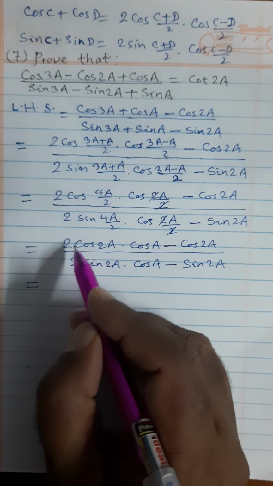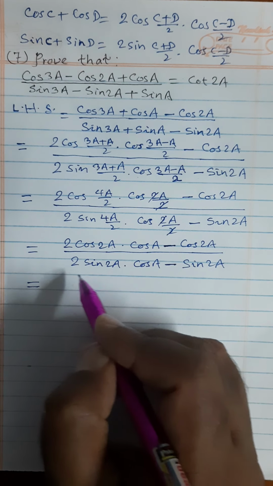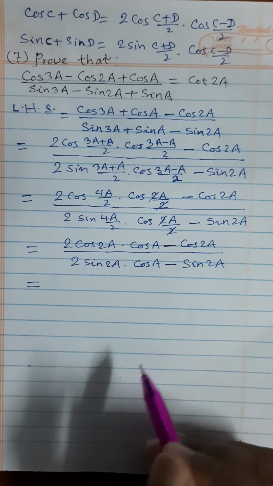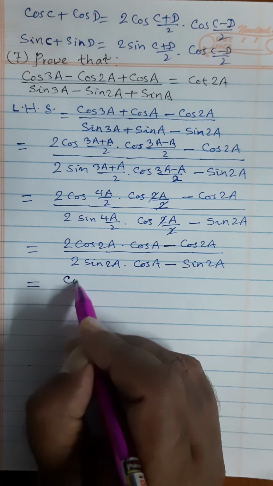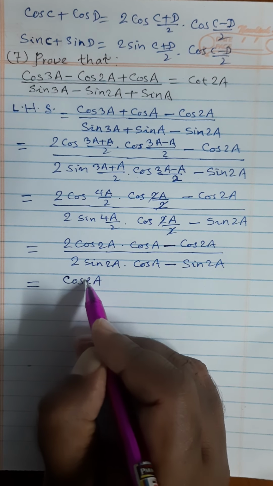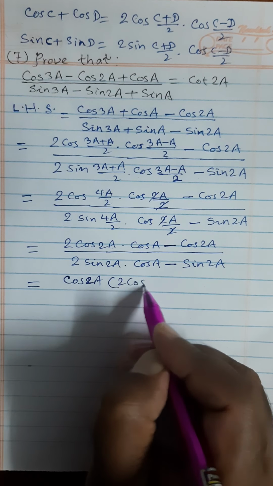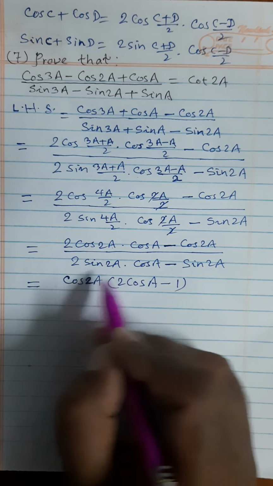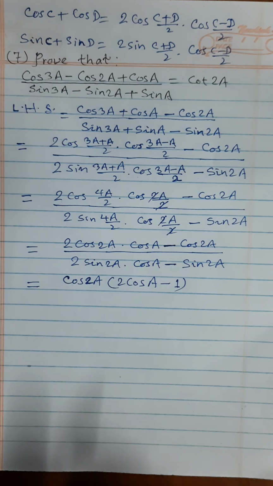It can be cancelled only when there is a bracket here. Then we can cancel, but here is no bracket. So you can't cancel 2 and 2 up and down. So we can simply take out cos 2a common. Cos 2a is common, and we have 2 cos a minus, after you take out cos 2a, 1 is left here, cos 2a, 1 is a cos 2a.